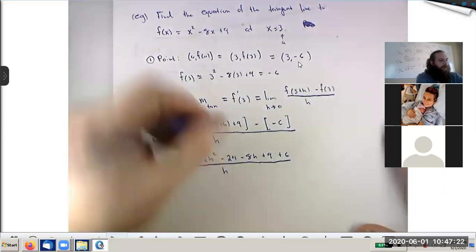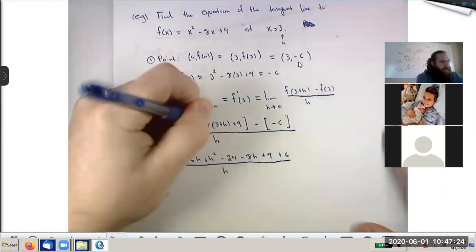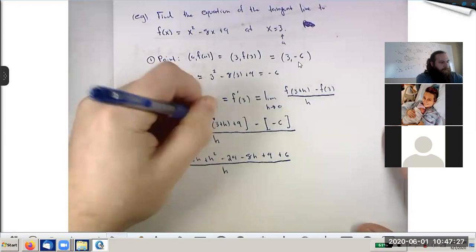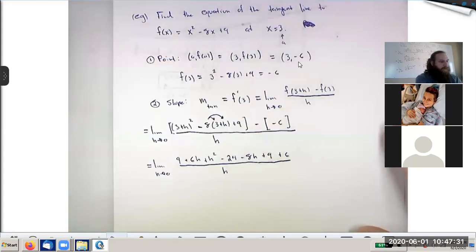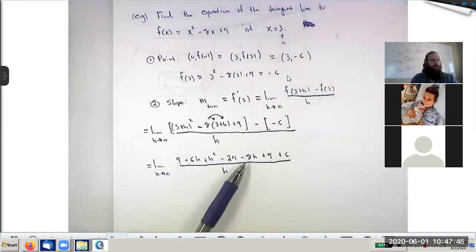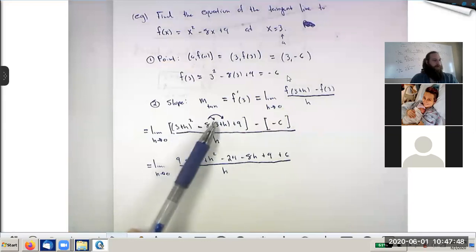We have to be careful making sure that this negative 8 gets distributed to both of these. And then we can combine our like terms. This term right here is an 8h because it's coming from this guy distributing.